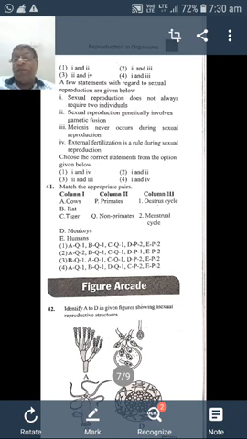Choose the correct statement from the option. Carefully examine. Sexual reproduction does not always require two individuals. Yes. Sometimes when the homothallic is there, or in case of animals, if the animal is hermaphrodite, only one animal is enough. In homothallic plants, one is enough.